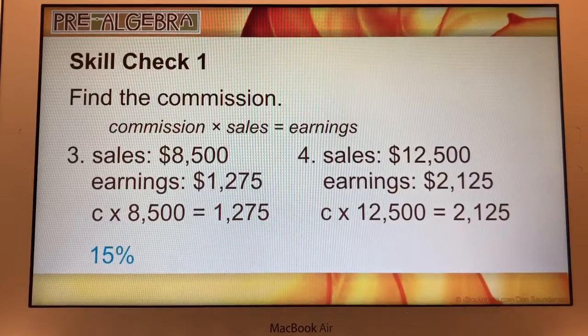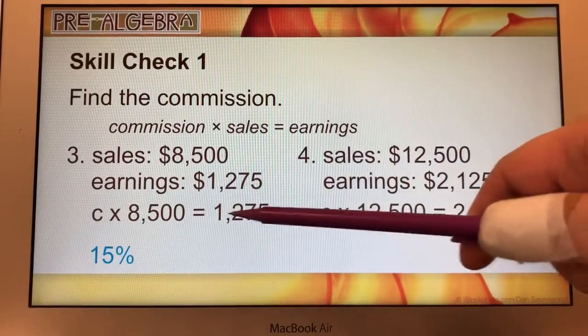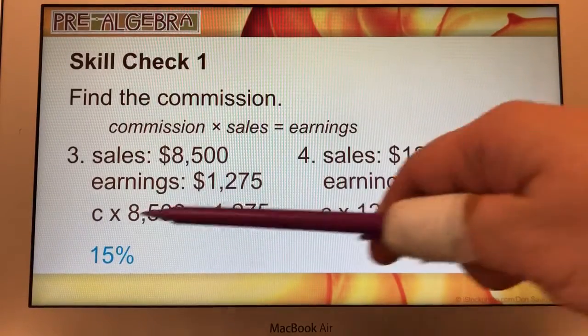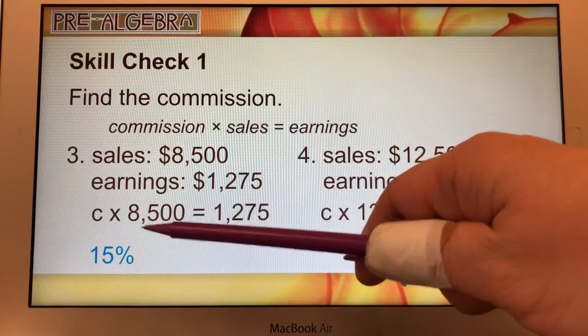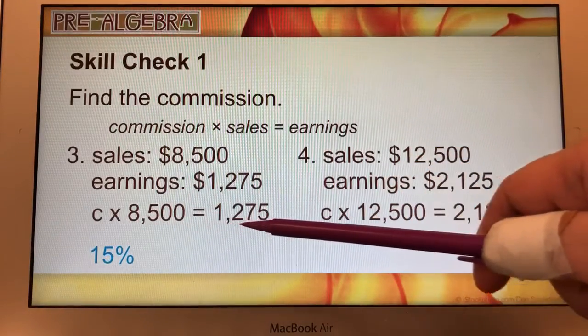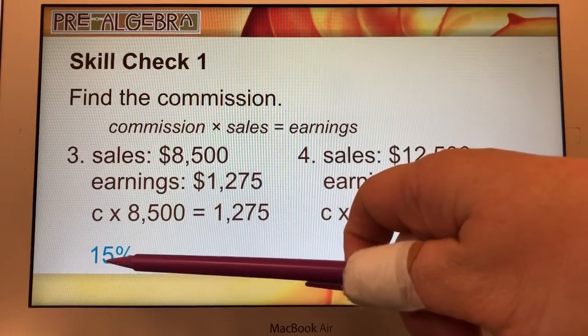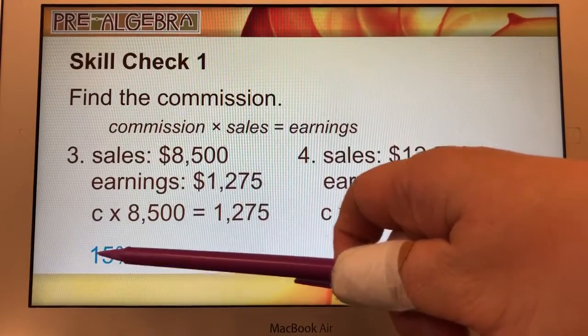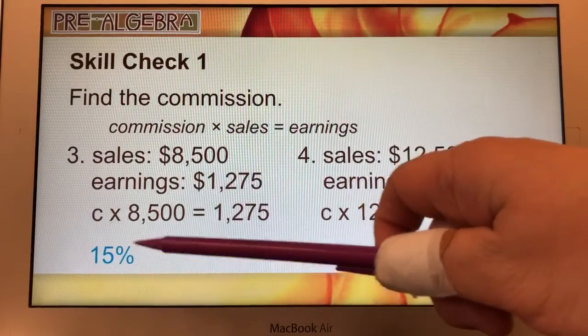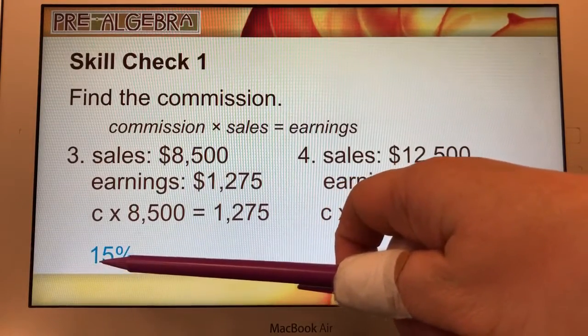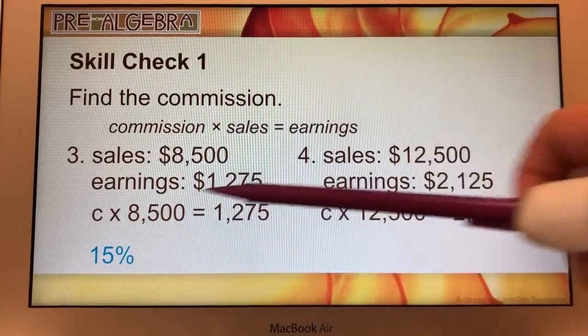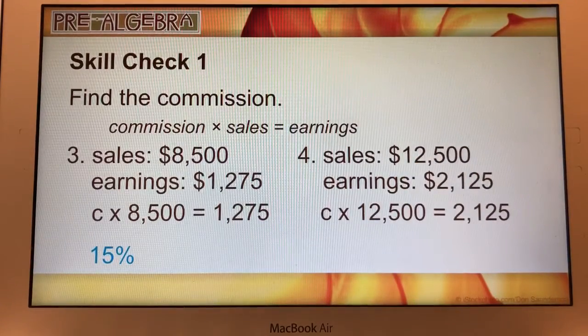If you divide 1,275 divided by 8,500, you're going to end up with a decimal, 0.15. So you convert that 0.15 into a percent. You move your decimal over 2 places, and then you have 15% as your commission.